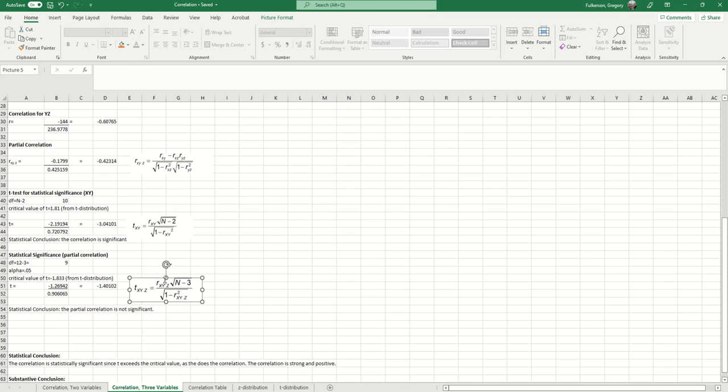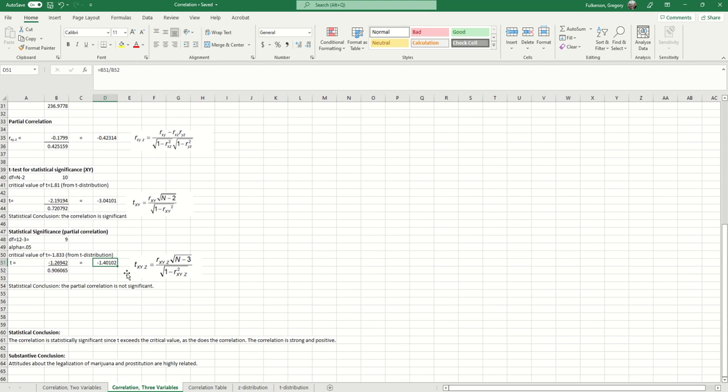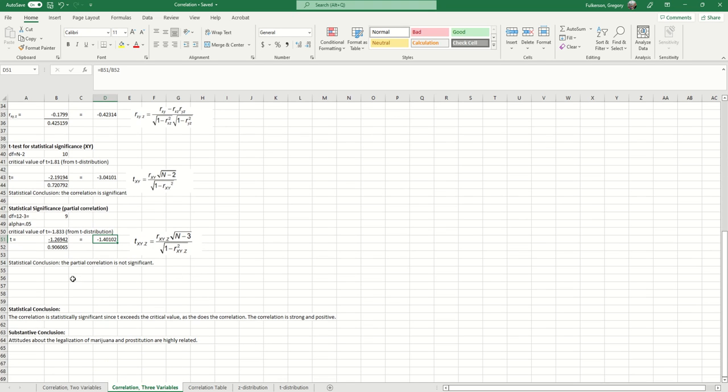And then instead of the regular correlation, it's the partial correlation in the denominator. So it's really just an adaptation of this same formula. And we can see those are the resulting values. So the first one is a negative 3, which is much larger than the second, which is a negative 1.4.